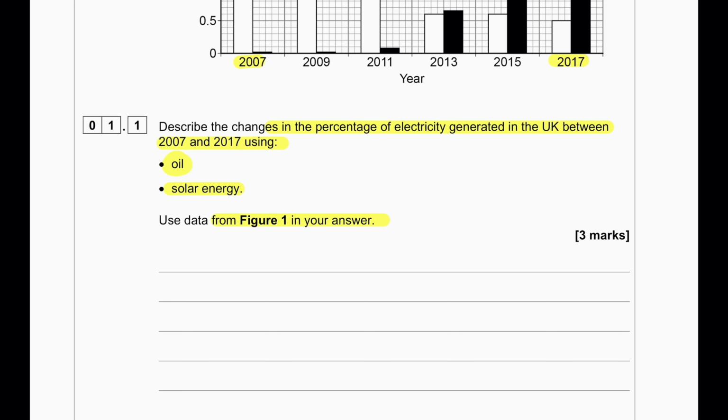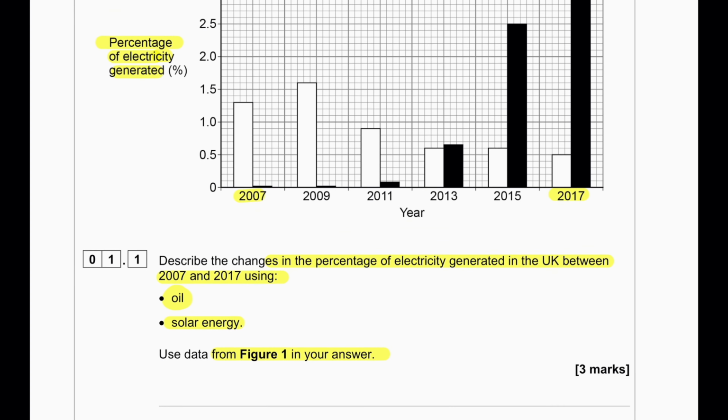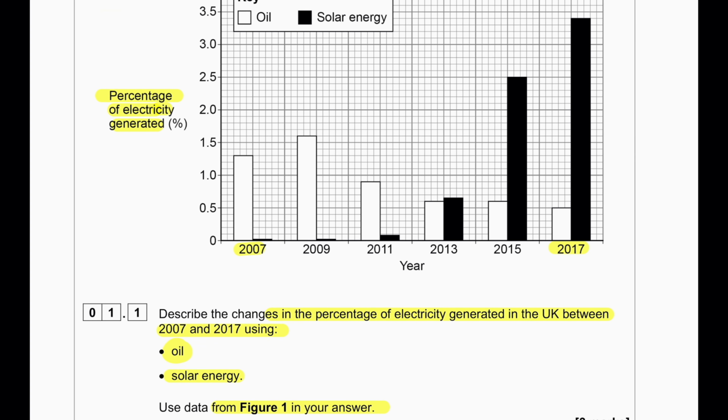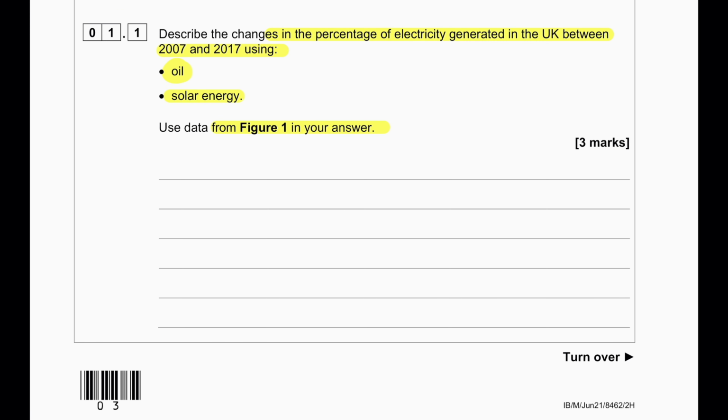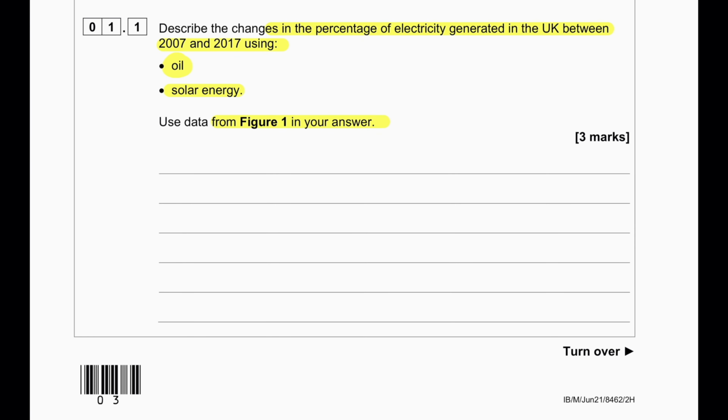We can see from the graph that the use of oil has decreased by 0.8%. It decreases from 1.3% to 0.5% from 2007 to 2017. And then the use of solar has increased by 3.4%, from 0% in 2007 to 3.4% in 2017. The use of oil increases from 2007 to 2009 and then it decreases.